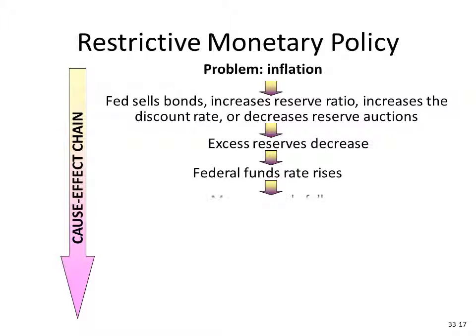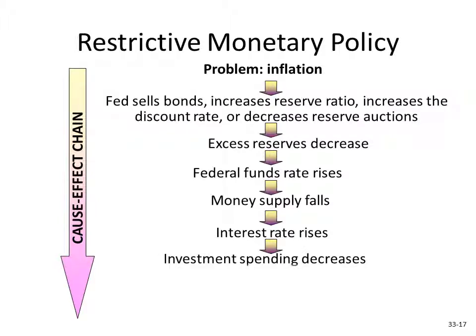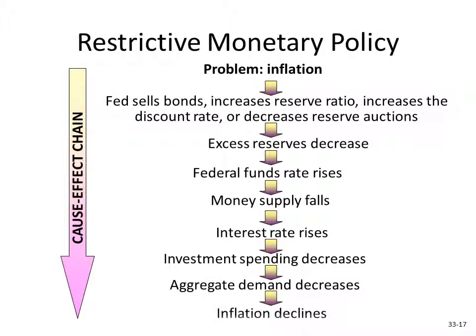A higher Fed funds rate means that the money supply falls. If the money supply shrinks a bit, then interest rates are going to increase. And at higher interest rates, there's going to be less investment spending, and therefore aggregate demand will decrease. And if this all works well, inflation will come down a bit.